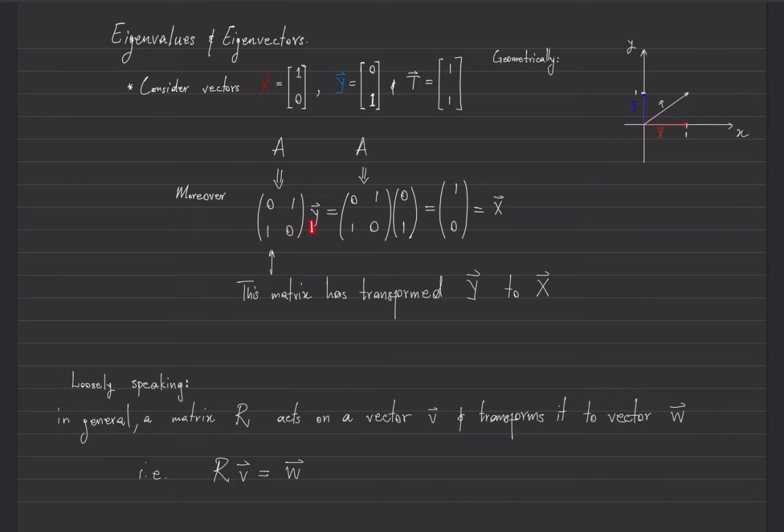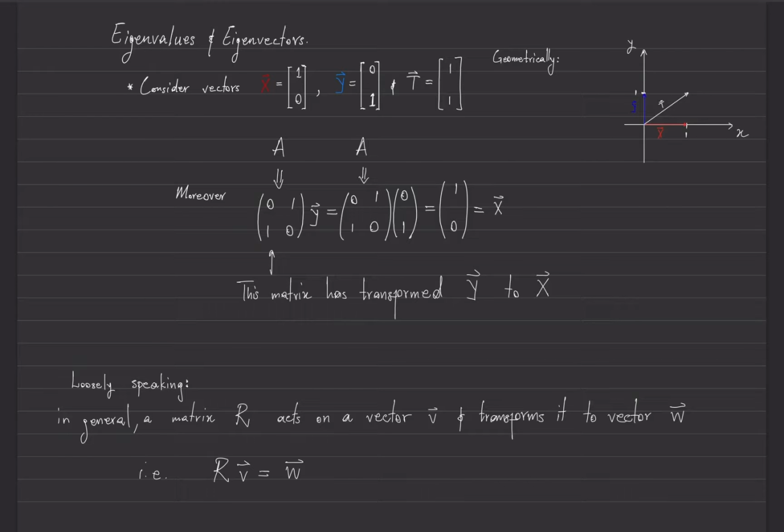But now instead of the x vector, we take the y bar vector. And let's again perform the matrix multiplication here. It's going to be this row times this column. So 0 times 0 plus 1 times 1. What does this give us? The outcome of that is 1.